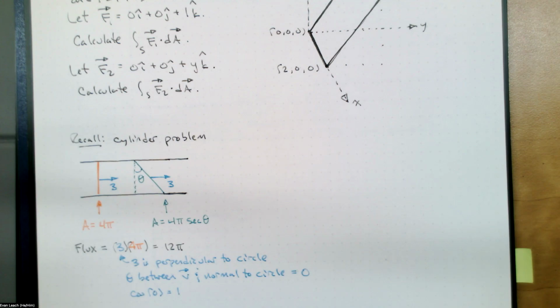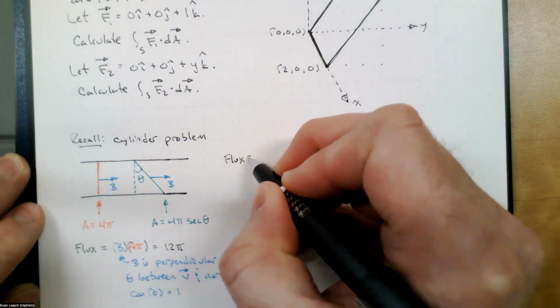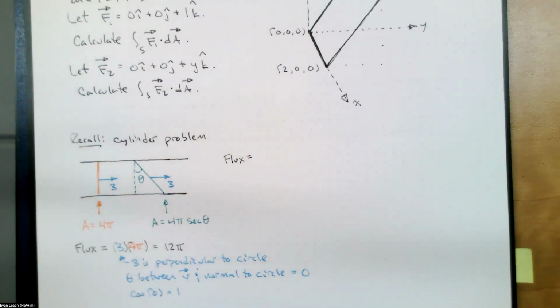The flux through the ellipse should be calculated the same way. We're going to take the velocity, multiply by the area. But we still need to come up with 12 pi. The area has increased, but the velocity flowing perpendicular through the area is decreased by a proportional amount. So the flux through the ellipse is not going to be 3.